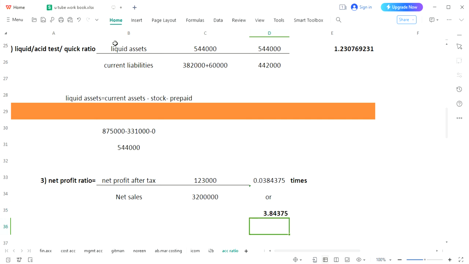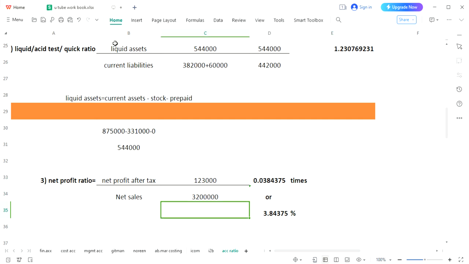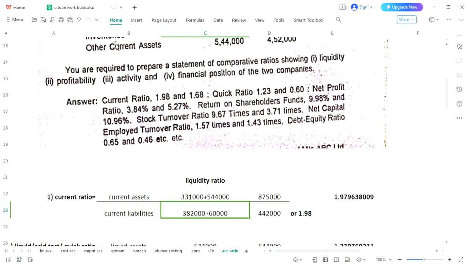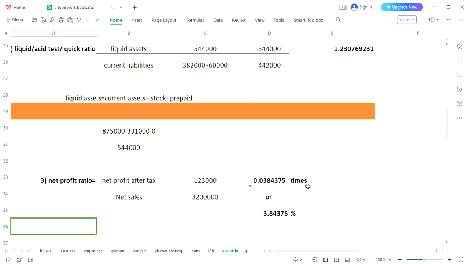So you will get it in terms of percentage. So both answers we have written, in terms of times or in terms of percentage. Let's see what answer is given in our question. Net profit ratio for X company is 3.84%. So this is your net profit ratio. The answer is given in terms of percent, but if you write in terms of times, that would also be okay.